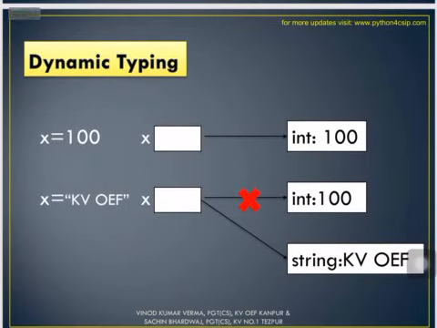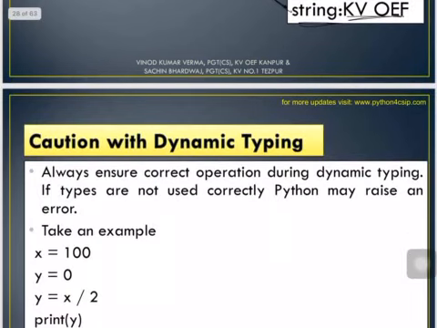Now see this example by a small picture. x is equals to 100, so x is having an integer value, that is 100. In the next statement, if I say x is equals to "kVOEF", now x is not having the numeric value, it is having a new value as a string, and that is "kVOEF". So this is dynamic typing.